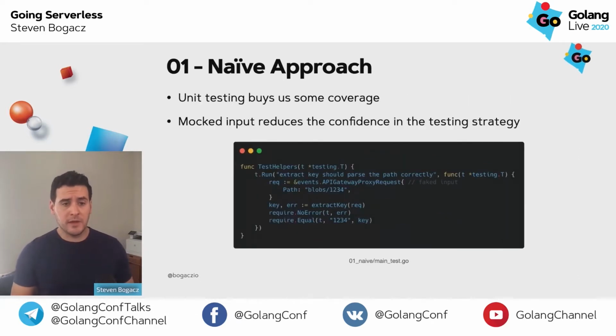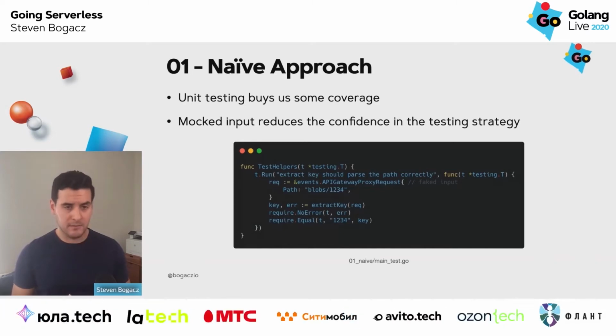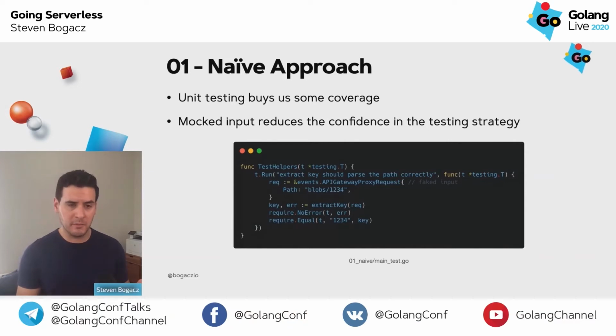So doing this, we can use unit tests to get a bit of coverage. We can effectively test, in this case, the helper to see that we can extract our keys correctly from the path. We can certainly test out our backend store. However, we are now limited in how good our testing strategy is, because we've had to mock the input, and it's input that we have no control over.